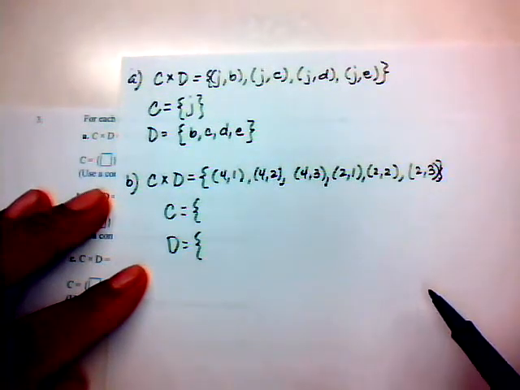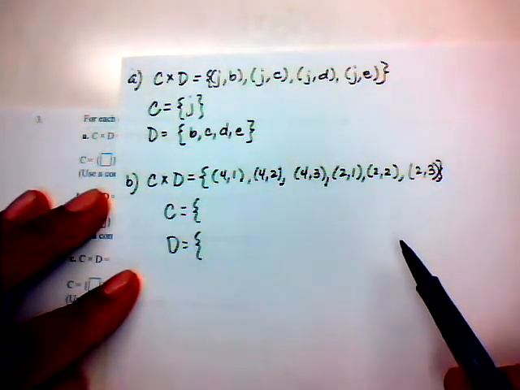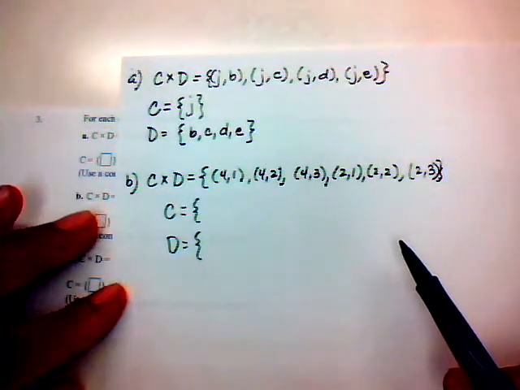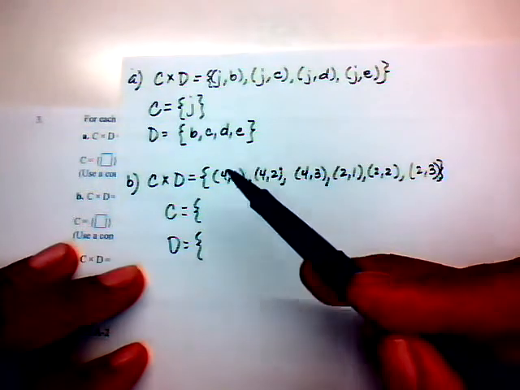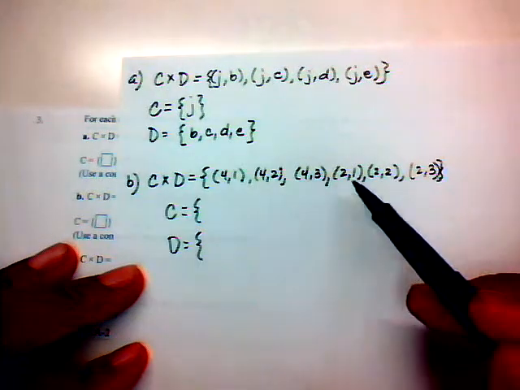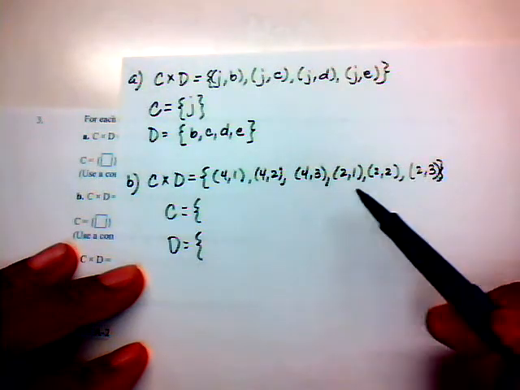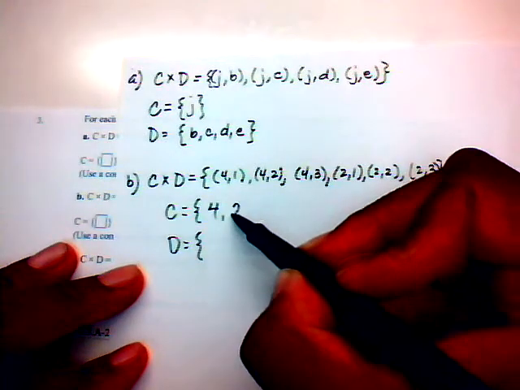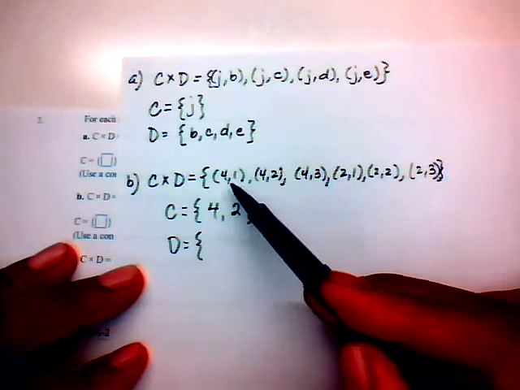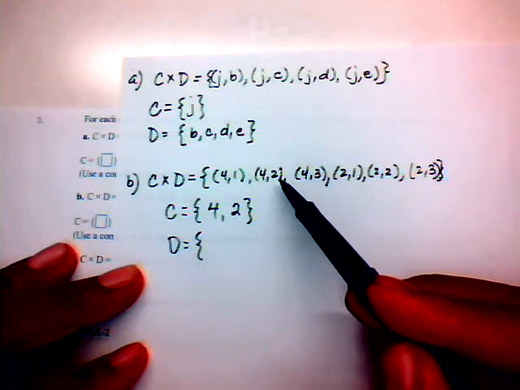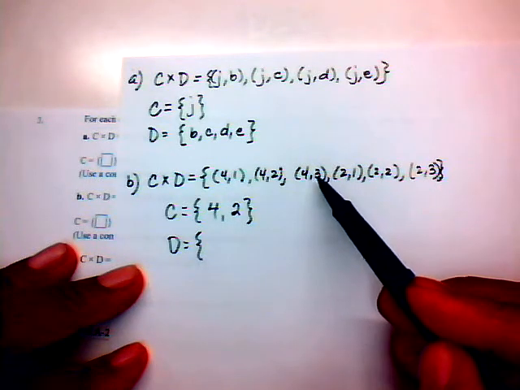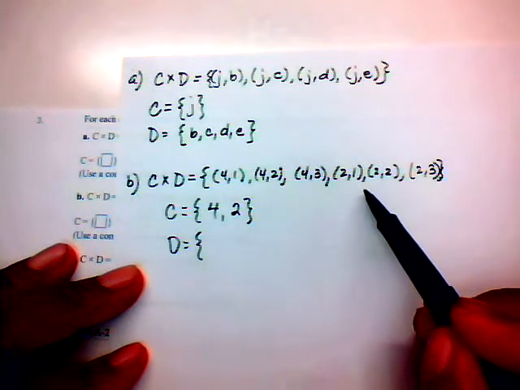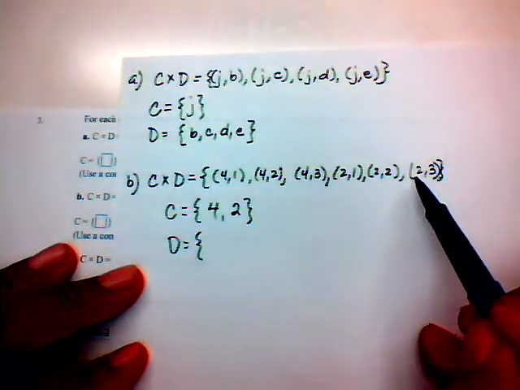Okay, for C, the first element of each of those ordered pairs came from set C. In this case here, the 4 and the 2 came from set C. Because then 4 was paired with 1, 4 was paired with 2, 4 was paired with 3, and then 2 was paired with 1, 2 was paired with 2, and 2 was paired with 3.